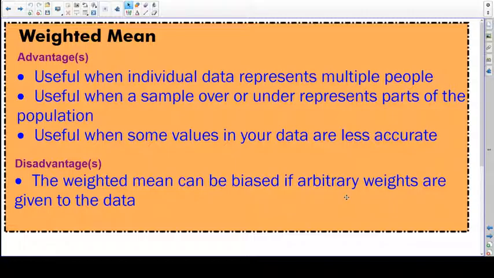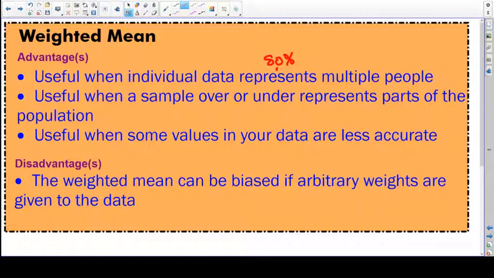Now, what does that mean? Well, let's say that if we looked at your mark in this class, and this isn't the way your mark is evaluated, but let's say I gave you, I don't know, let's say that 80% of your mark was based on quiz marks.